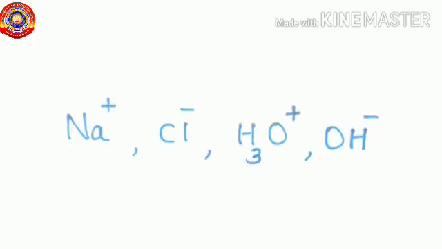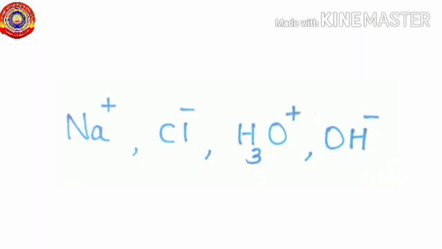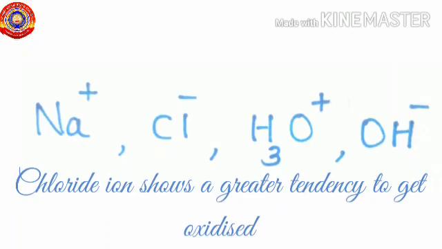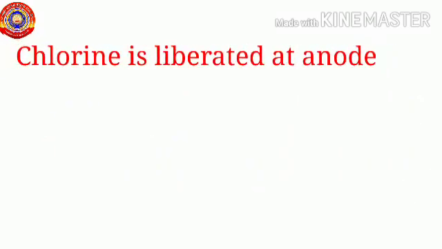Similarly, anions present in this electrolyte, that is Cl- and OH- ions, move towards the positive electrode, the anode. While comparing the reactivity of these ions with water, the Cl- ion shows a greater tendency to get oxidized. Hence, chlorine gas is liberated at the anode.